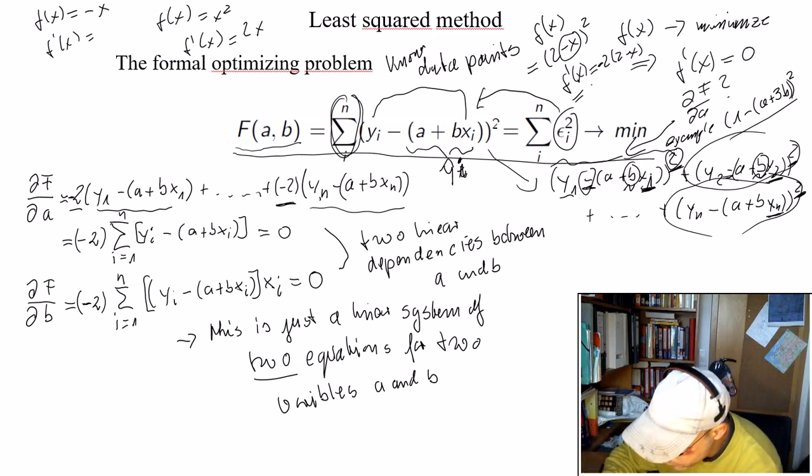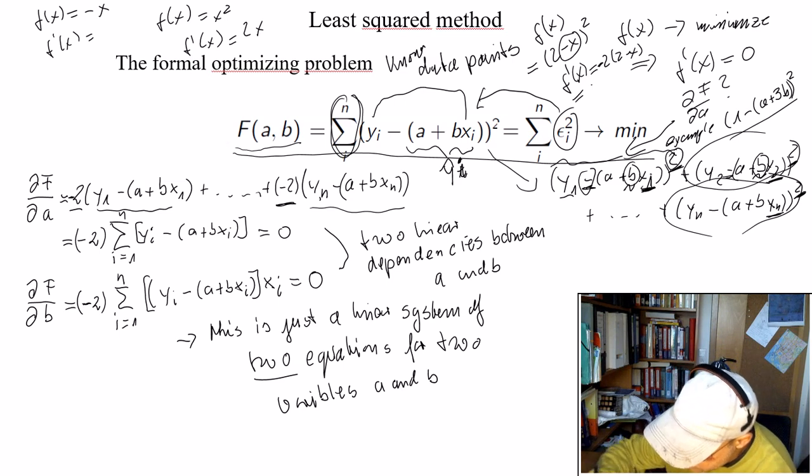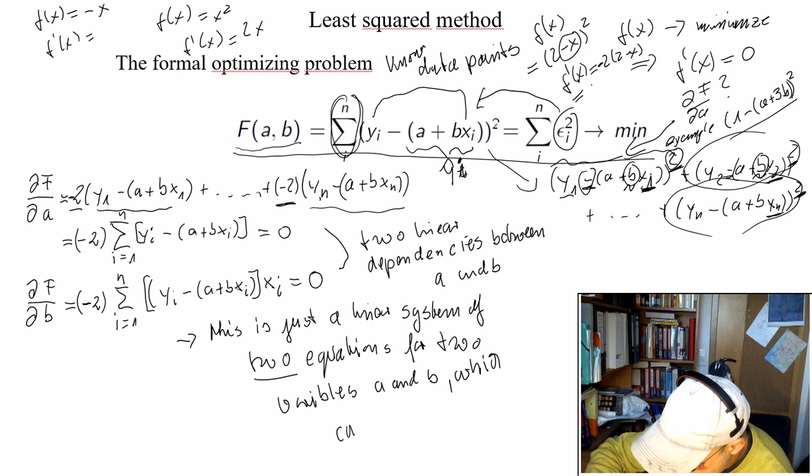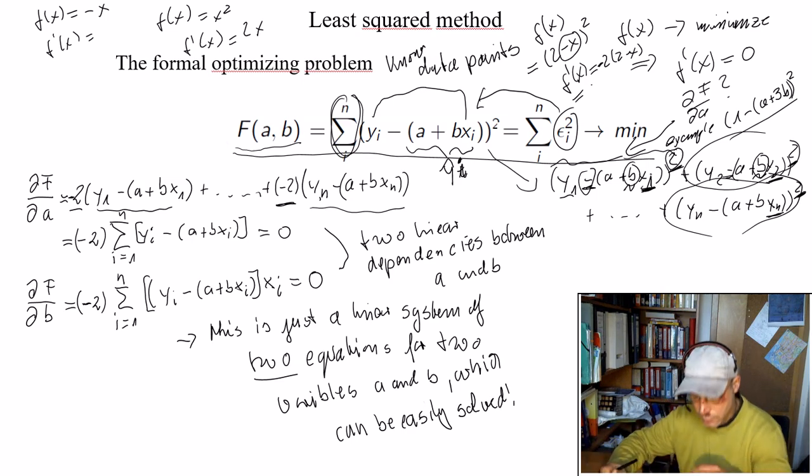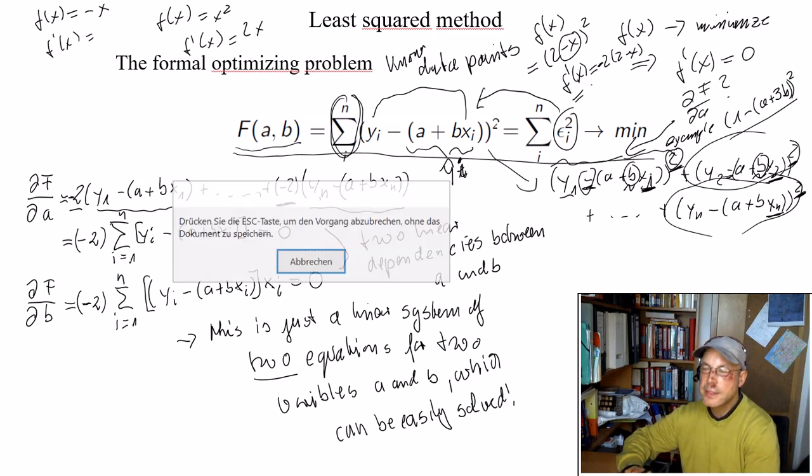So two equations for two variables a and b, which can be easily solved.